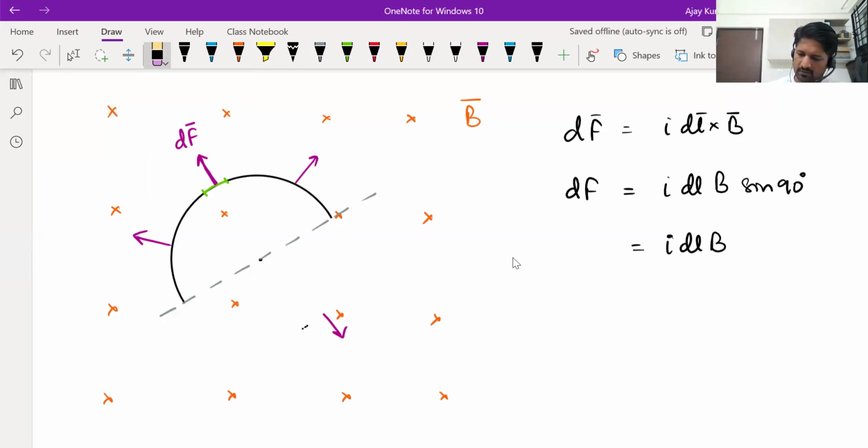Tell me what all forces act on this one half of the wire. Anyone? What all forces act on this half of the wire?